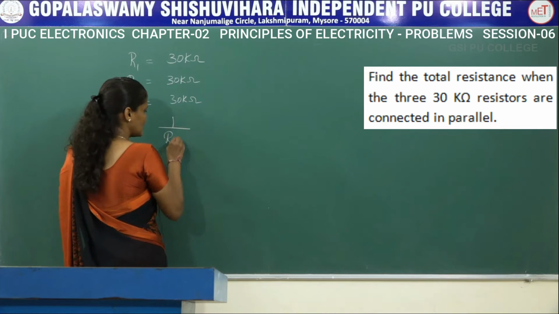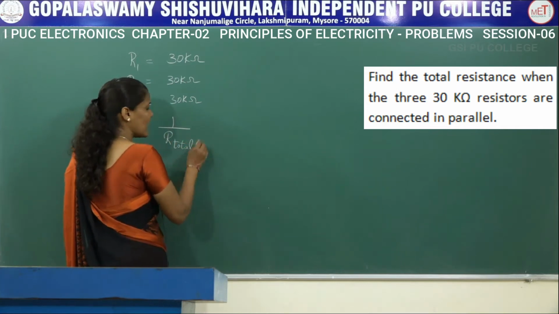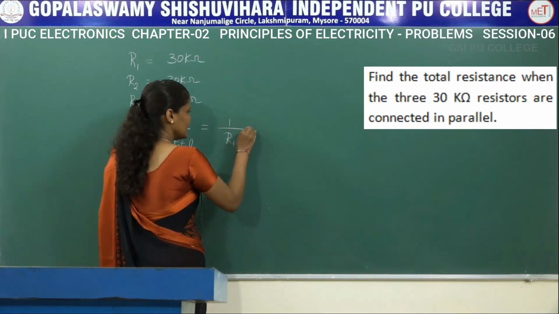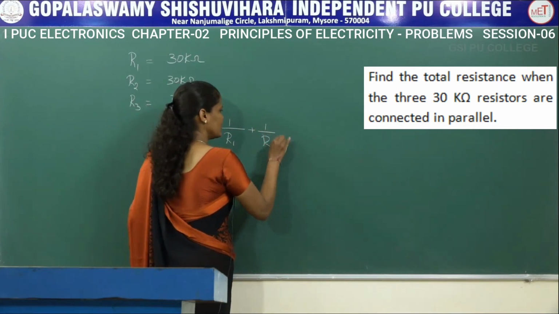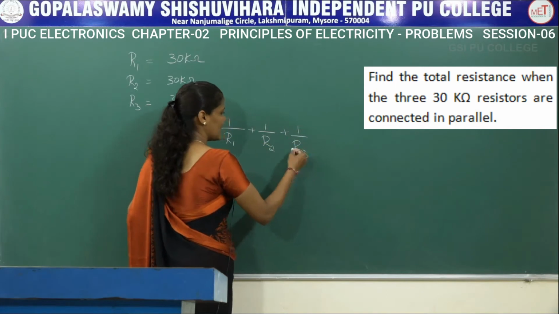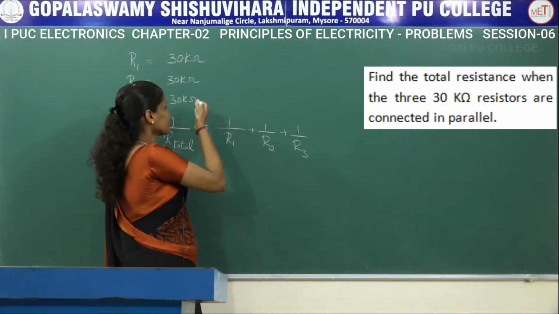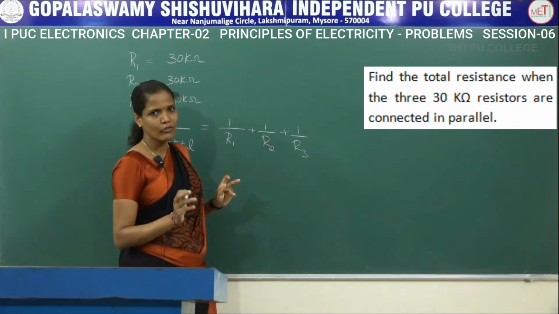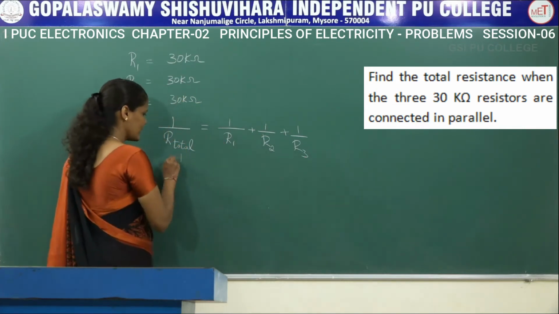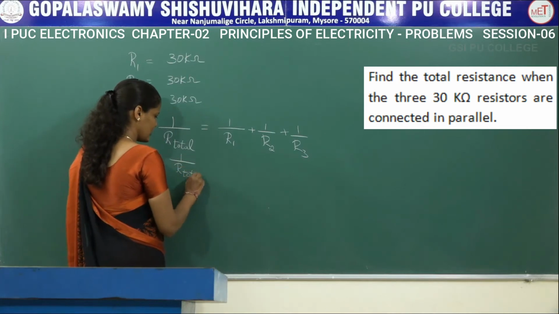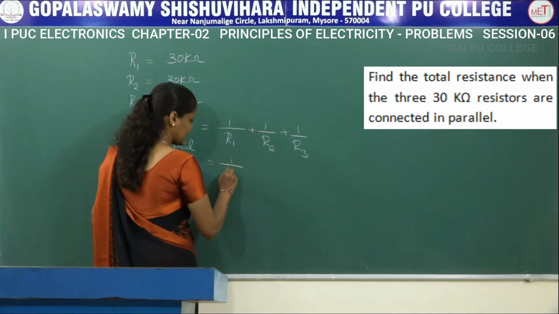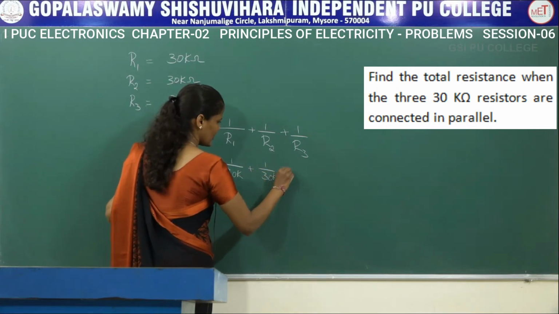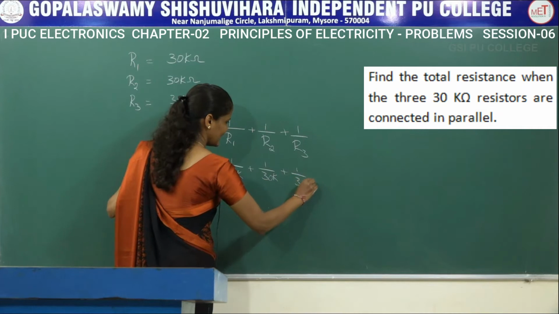So 1 by R total antanaru barkobodu athwa 1 by R effective antanaru barkobodu. That is equal to 1 by R1 plus 1 by R2 plus 1 by R3 because they have given 3 different resistance values, so I have to use this formula. So 1 by R total is equal to 1 by 30 kilo plus 1 by 30 kilo plus 1 by 30 kilo.